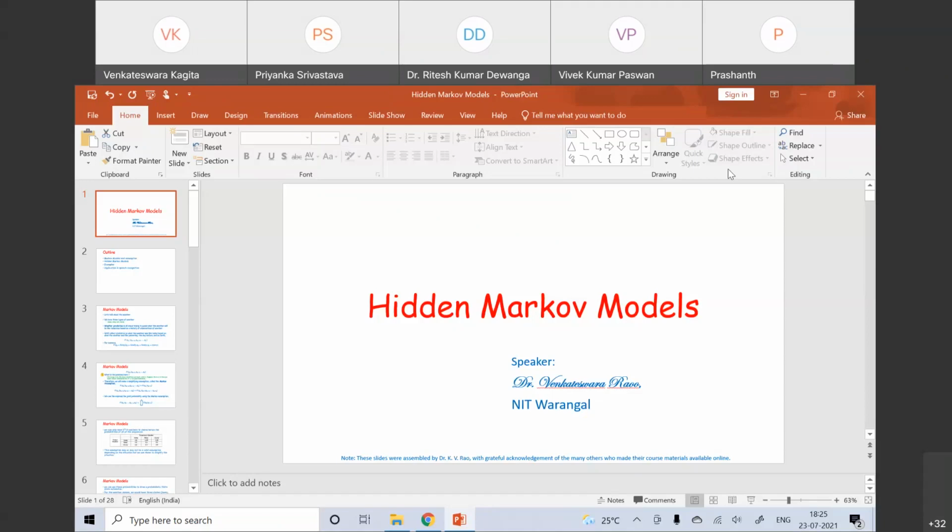So one more thing: can we have some analogy of these hidden Markov models to the standard ML models, where we have feature vectors and parameters, the feature weights? In that sense, are our observations the features? Observations are the features.